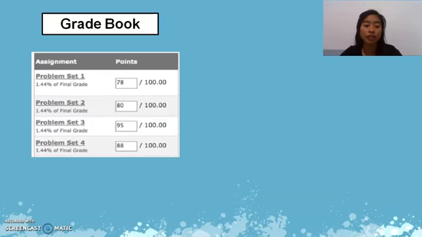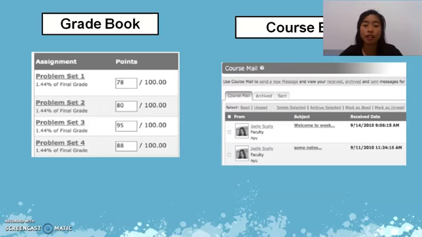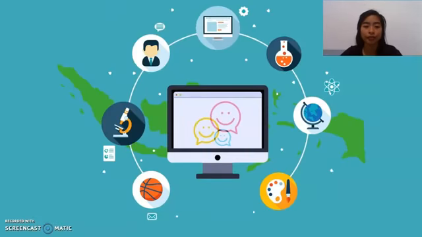This is where the lecturer or teacher gives points based on the assignment. Then course email. Course email means that the teacher or lecturer can send personal messages to the learner.